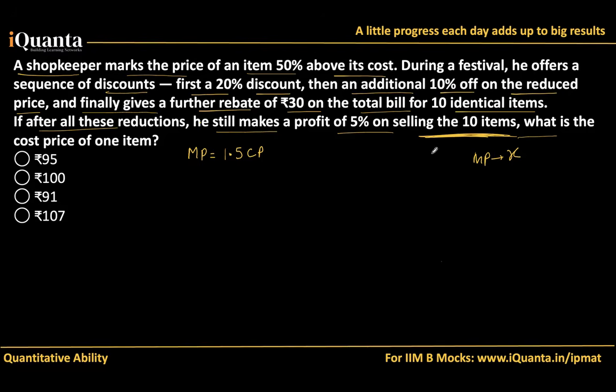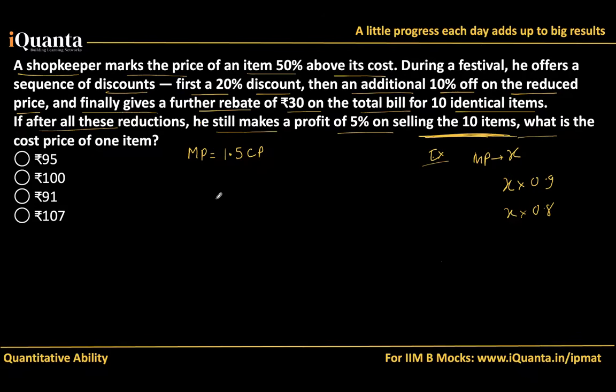So this is for example, so that you can understand the equation that I'm going to form. You always give discount on MRP. MRP is same as MP. So suppose your MP is X and you're going to give a discount of 10% on it. So when you reduce something by 10%, you multiply it with 0.9. In the same way, when you reduce something by 20%, you multiply it with 0.8, right?